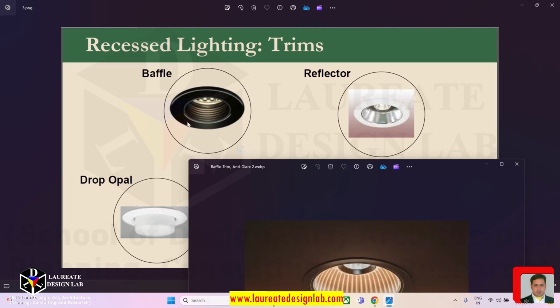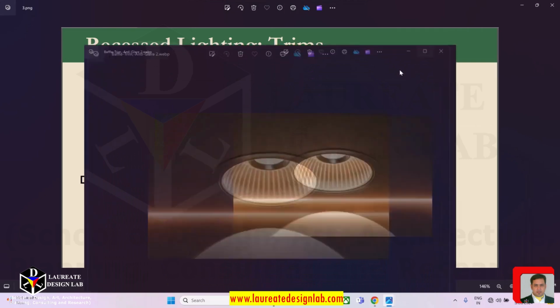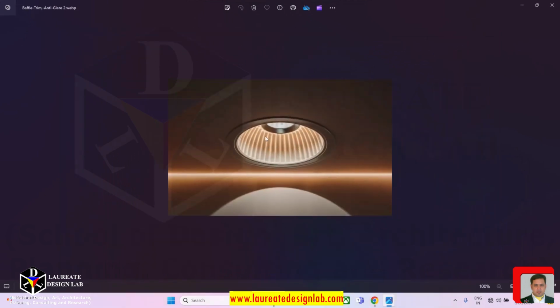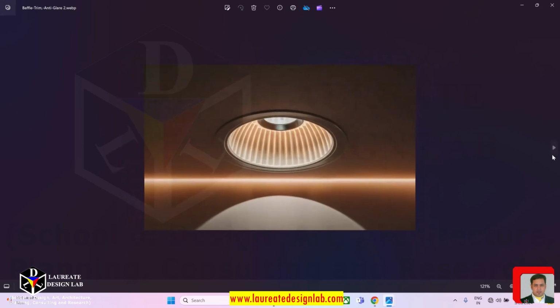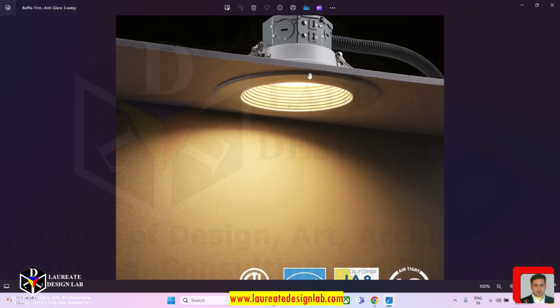So the overall case is empty on this side, and it is making a ring like this. The same thing is happening here, though it is in a vertical, curved way, but it is also making a kind of ring. This is the type of baffled trim light. Such lights are actually considered anti-glare trim lights or spotlights.